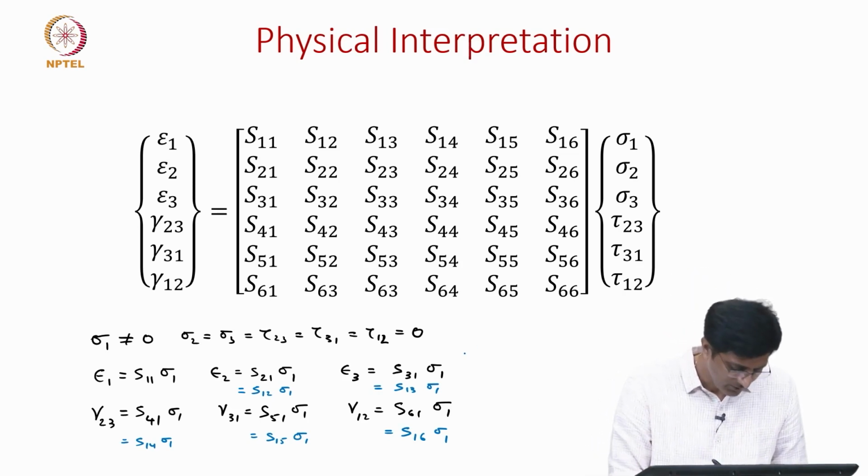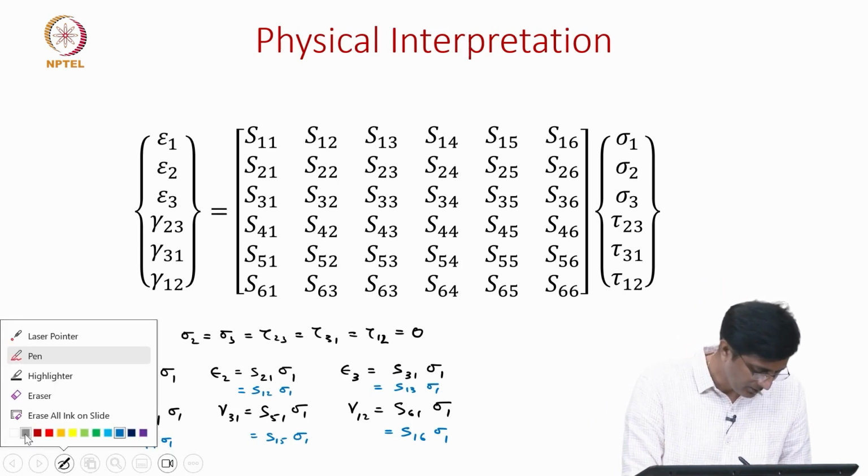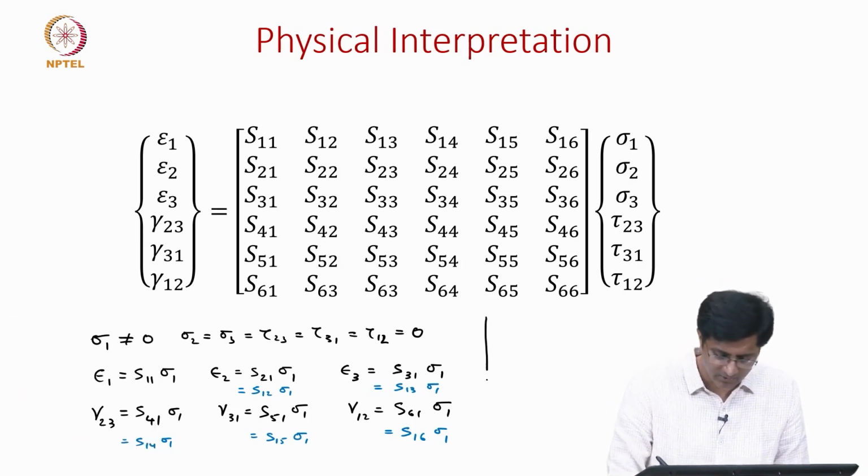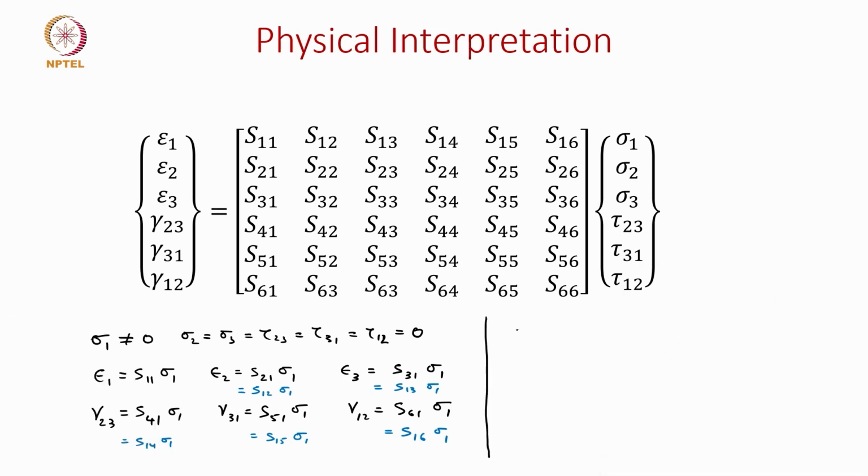So, now let us say the same experiment is repeated for an isotropic material. Again saying that sigma 1 is non-zero, but this is for an isotropic material. Now, let us see what are the non-zero strains.